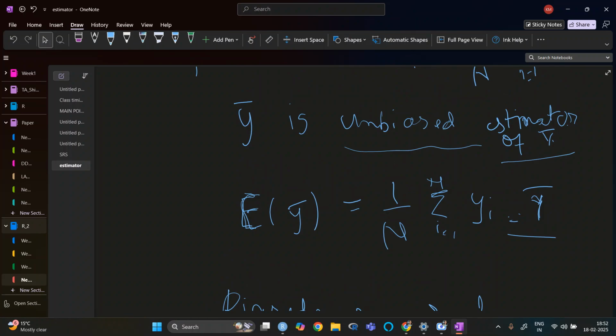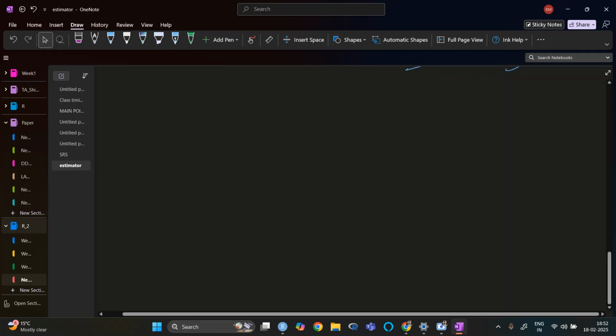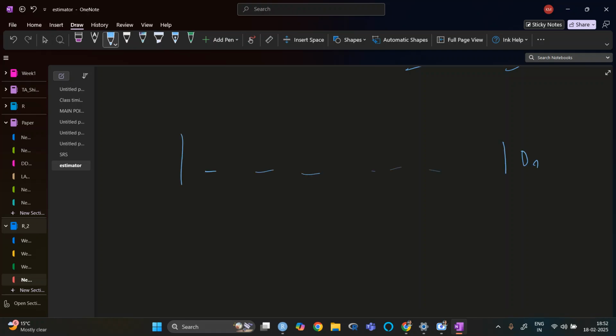Let's say I have a population from 1 to 10,000, and in my head I'm choosing mostly between 1 to 500, or 500 to 1000, some range, and choosing my sample again and again from that.